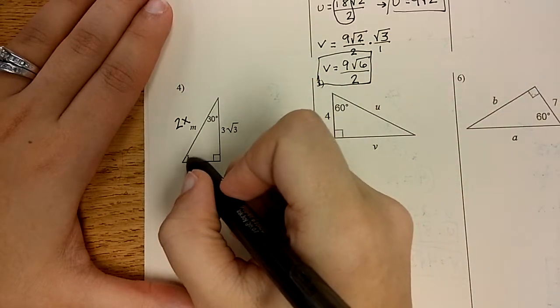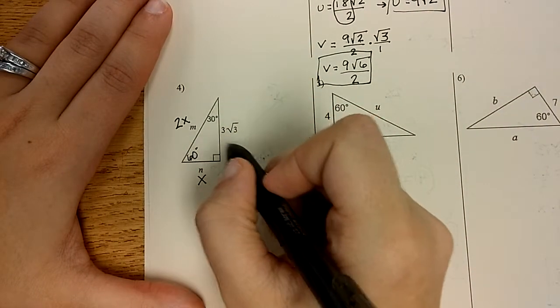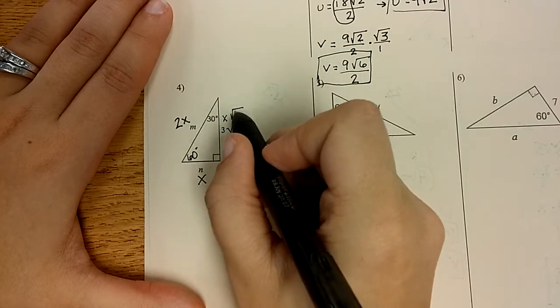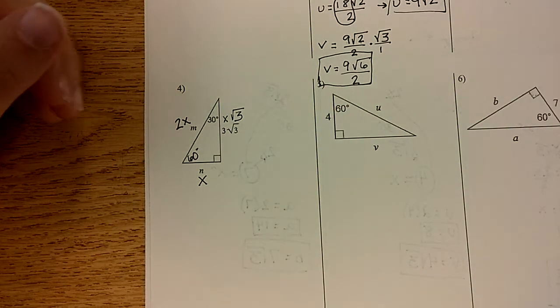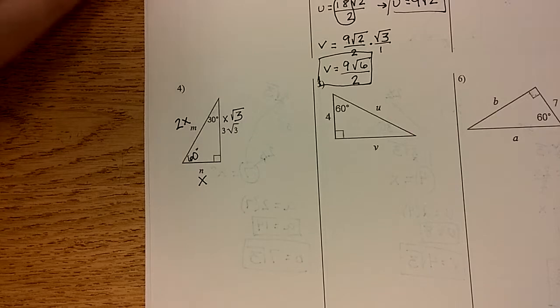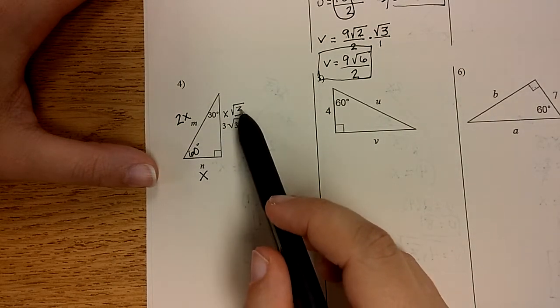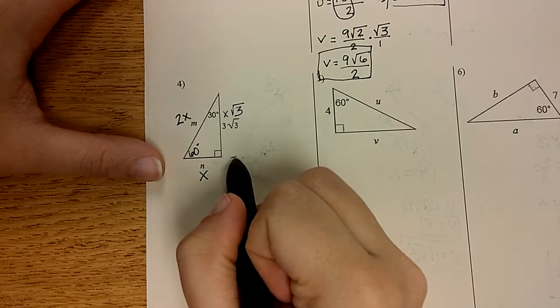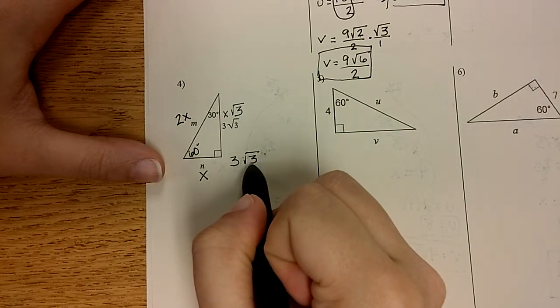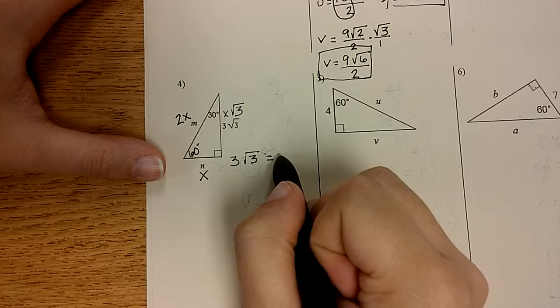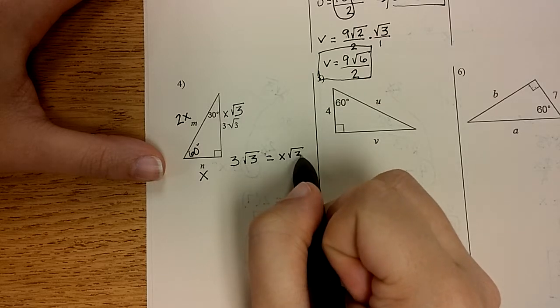And the longer leg, which is across from 60 degrees, is labeled with x root 3. So step 2, set the given side equal to the label. Well, the given side is 3 root 3 equals the label, which is x root 3.